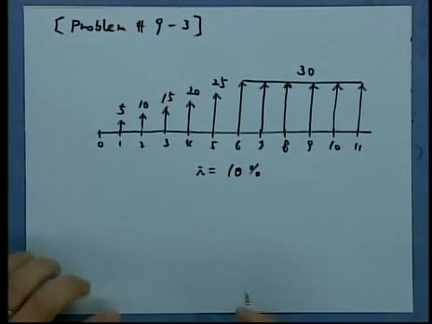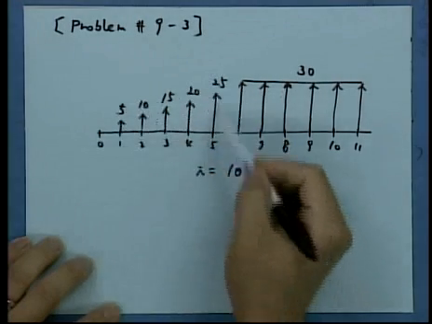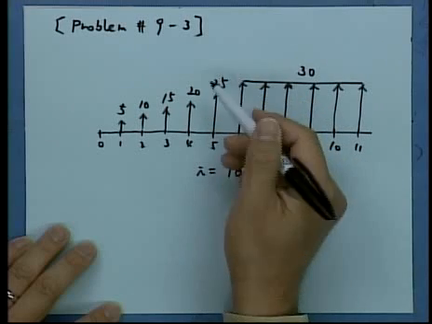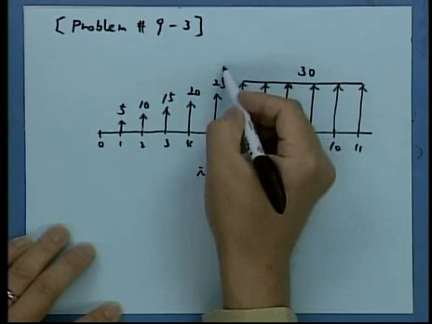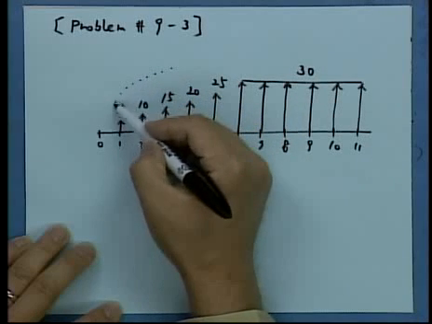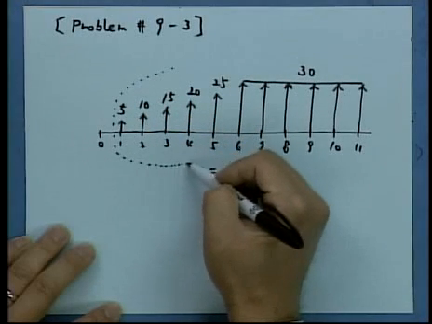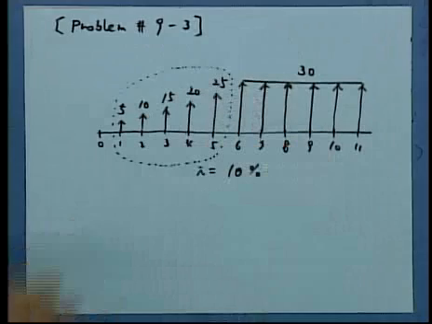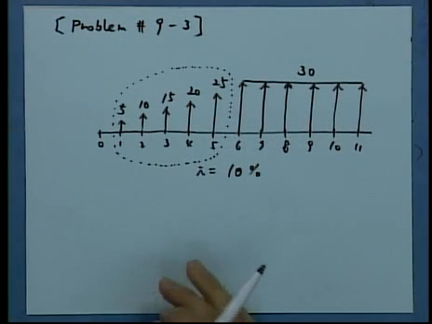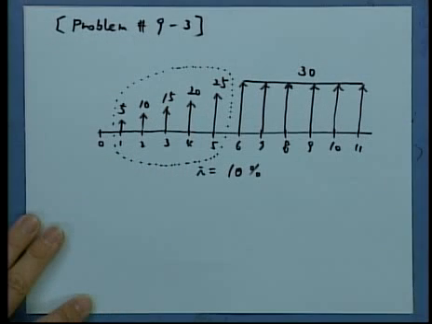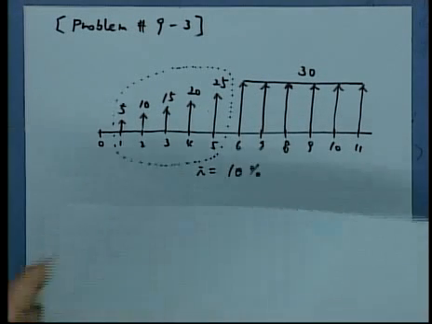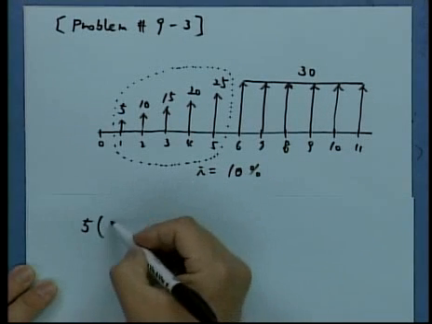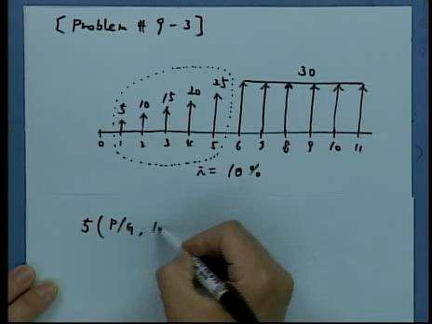So for the first 5 periods, the period by period change amount is $5. So 5 times P given G, 10%.